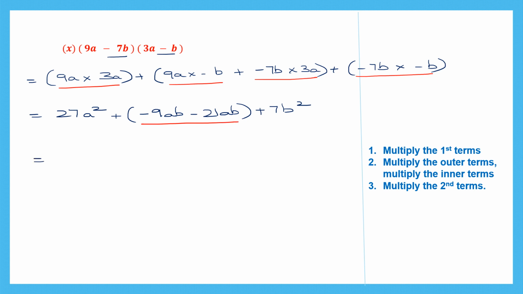So here 27a square remains the same. Now inside the brackets we have minus 9 minus 21. Signs are the same, so put the same sign and add. 9 plus 21 is 30. 30ab plus 7b square. So our answer is 27a square minus 30ab plus 7b square.